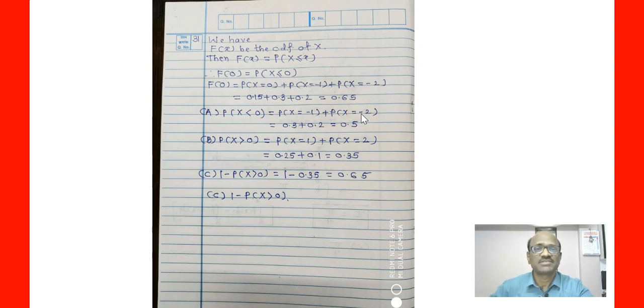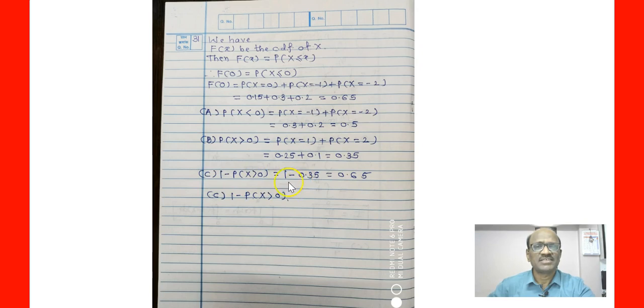Which option is correct? Its value is 0.5. For the second option, the probability of capital X greater than 0, their sum is x equal to 1 and x equal to 2, and their respective values are 0.25 and 0.1. It is 0.35. And what about the last? 1 minus probability of capital X greater than 0.